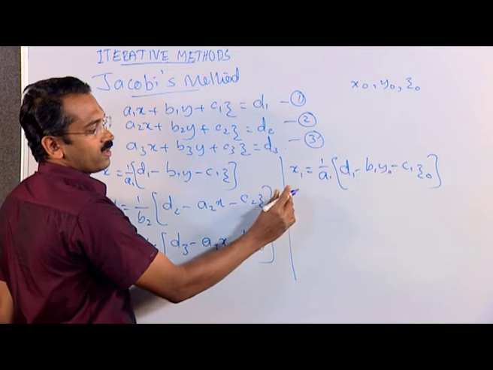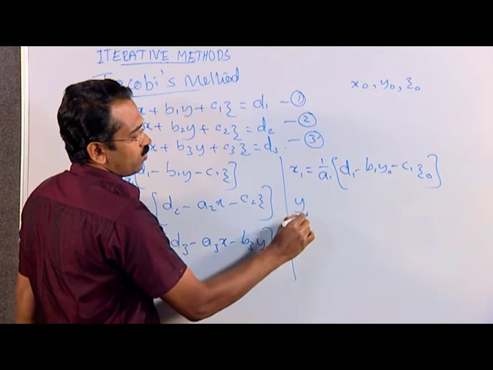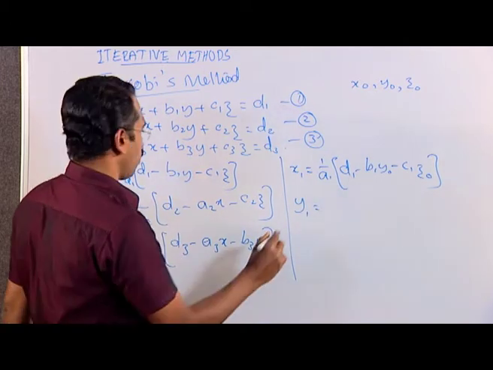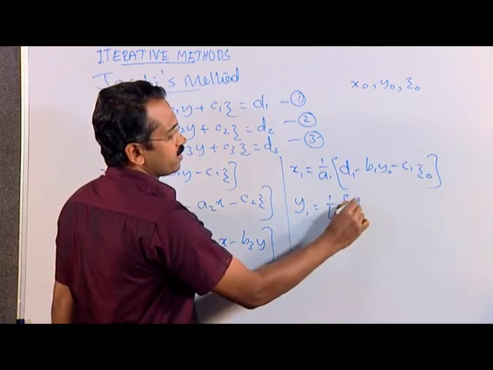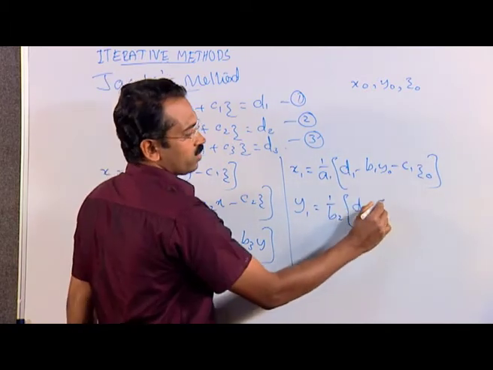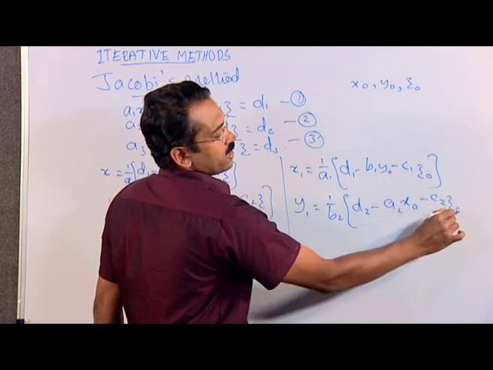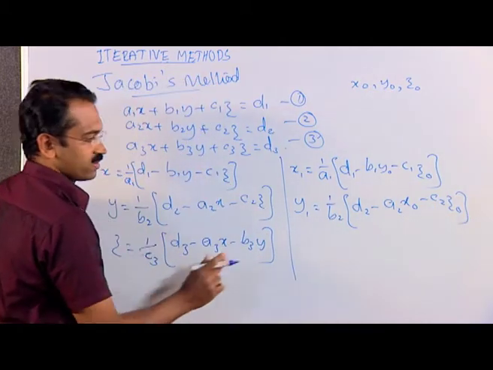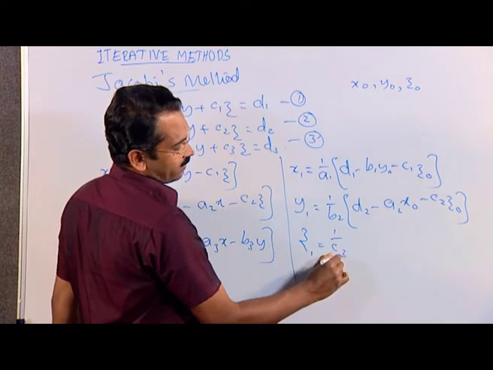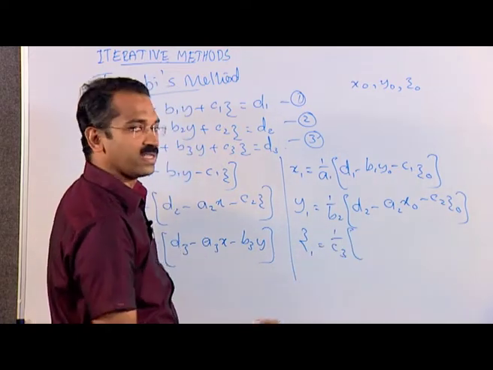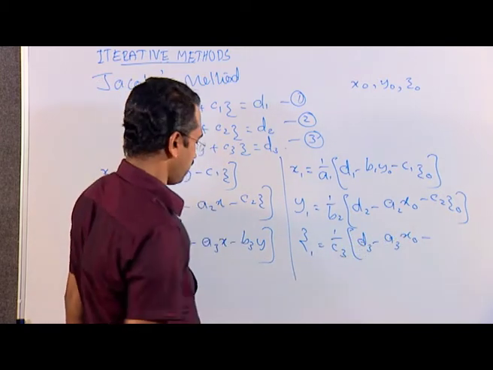From this, the first approximate value of y is y1 is equal to 1 by b2 into d2 minus a2 x naught minus c2 z naught, and from this we will get z1 is equal to 1 by c3 into d3 minus a3 x naught minus b3 y naught.